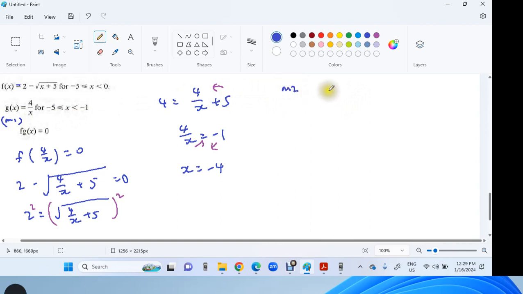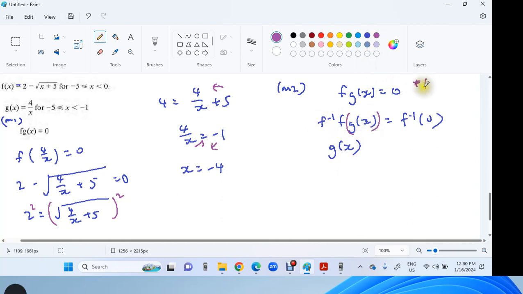So method number 2, that is, we have fg(x) equal to 0. Then we will have f inverse of fg(x) equal to f inverse of 0. So we have f inverse on both the right hand side and left hand side. We know that f inverse of f(x) will become x. So f inverse of f(g(x)) will become g(x).